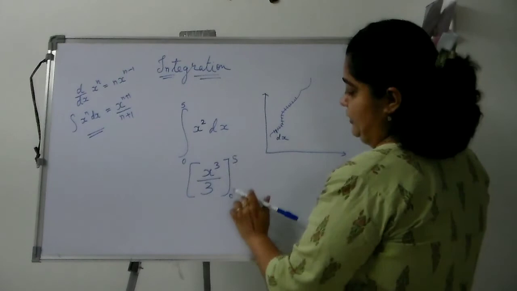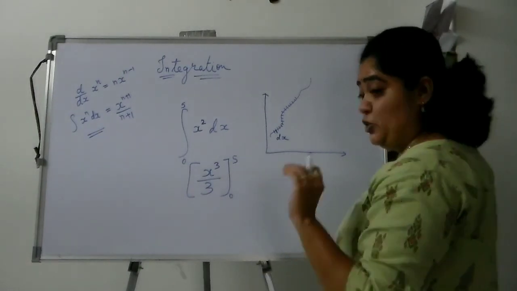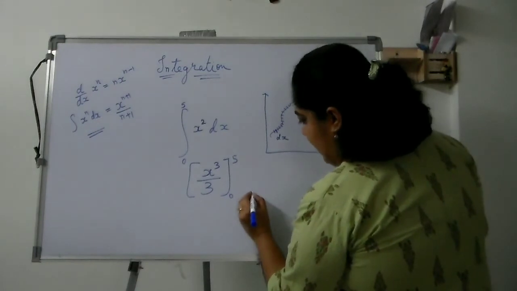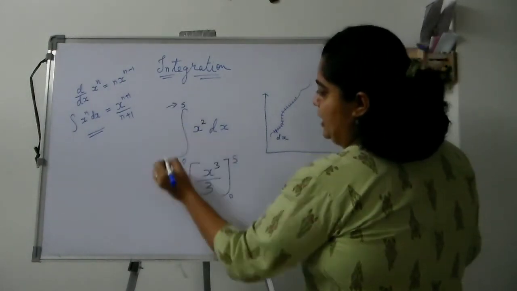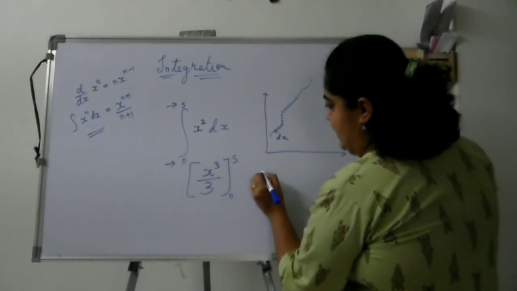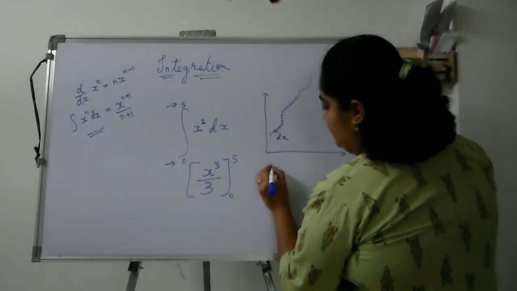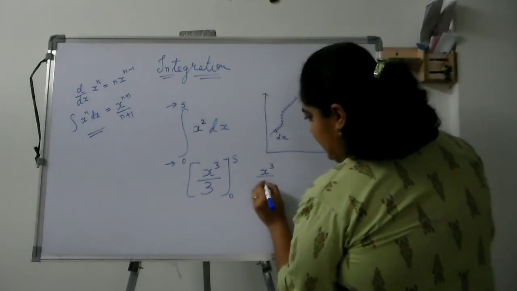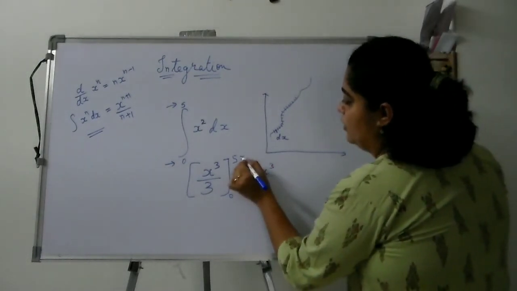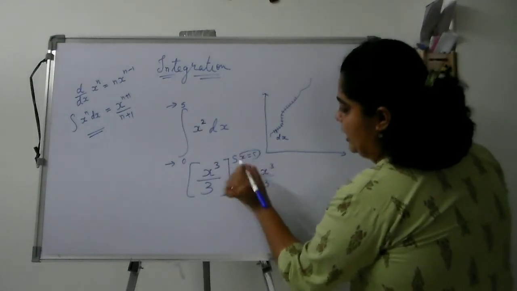Now this is the limit of integration. So how do we put the limit? This is the upper limit and this is the lower limit. So the upper limit is x raised to 3 by 3. Now for this, x is equal to 5 in the upper limit.